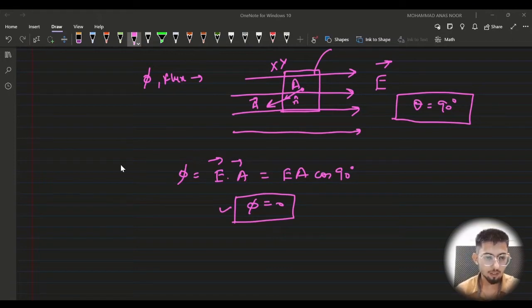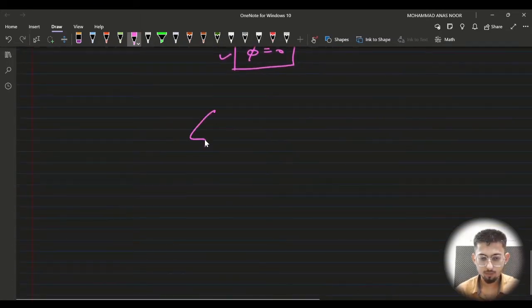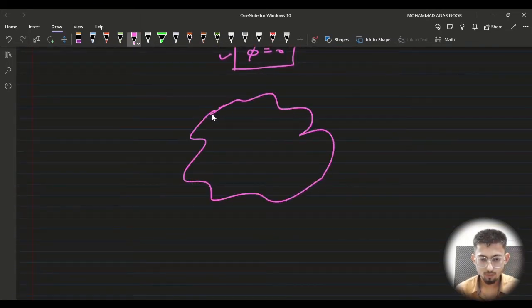Now see the next thing. Suppose we have a small surface. Suppose this is a bigger surface, and in this surface we have small surfaces, each one of area ds.